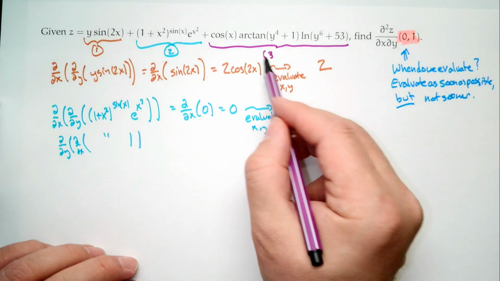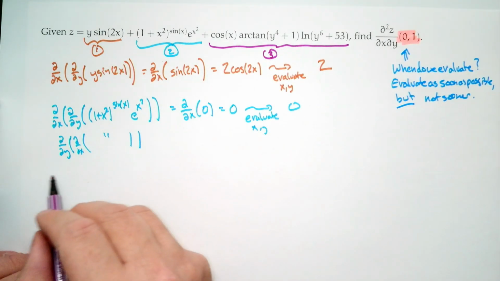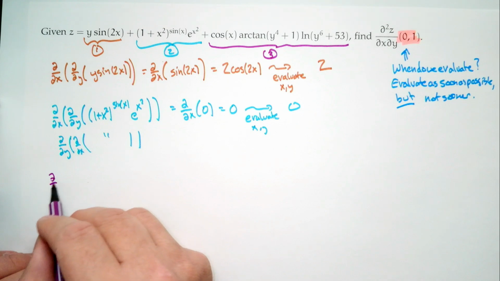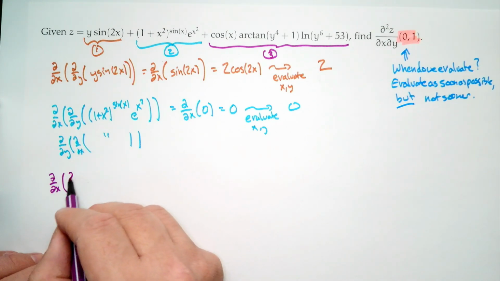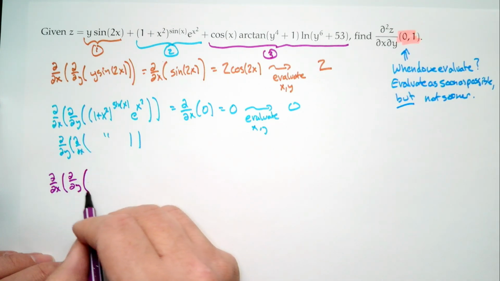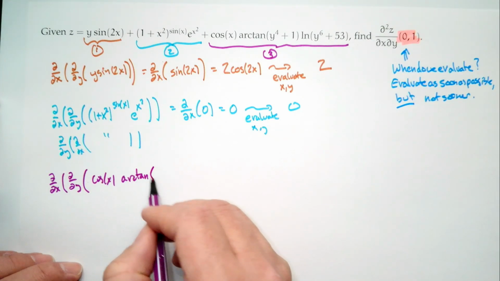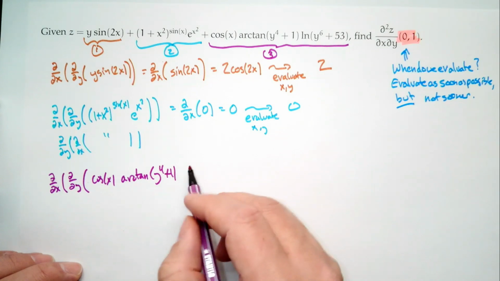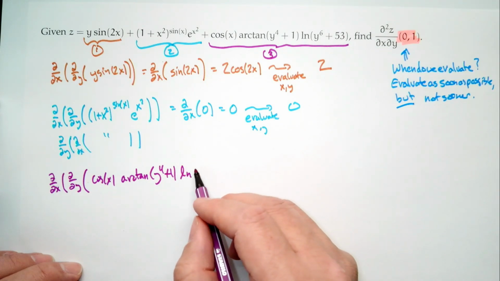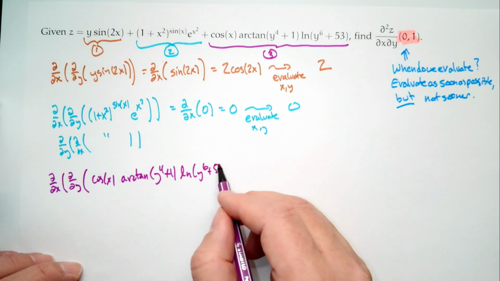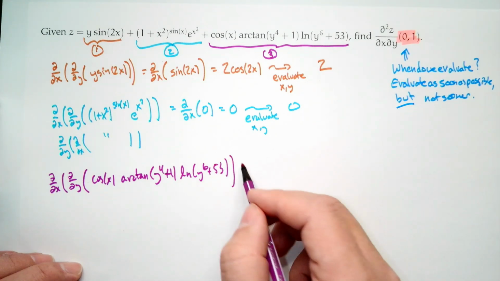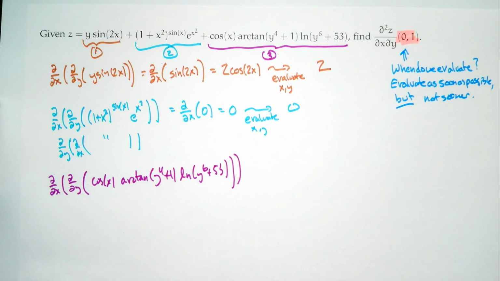Okay, number 3. All right, so we're taking partial x of partial y of cosine of x times arctangent of y to the 4th plus 1, times log of y to the 6th plus 53. Now, if we saw this, we'd say, I'm not very excited to take this derivative with respect to y, because there's a lot of y's in here.